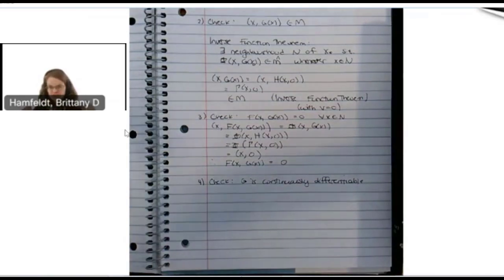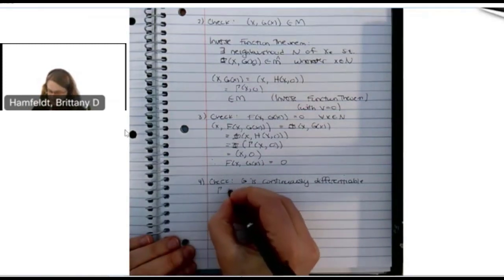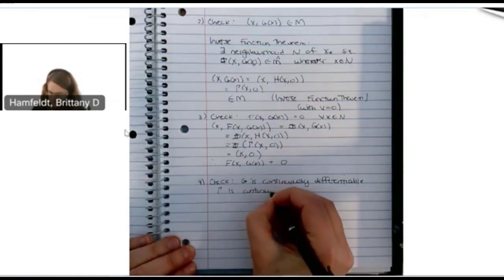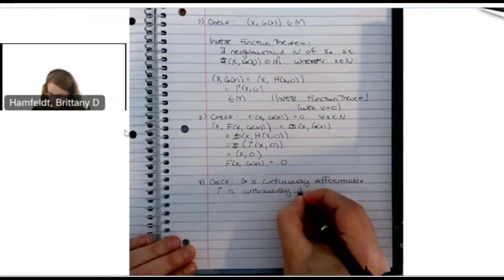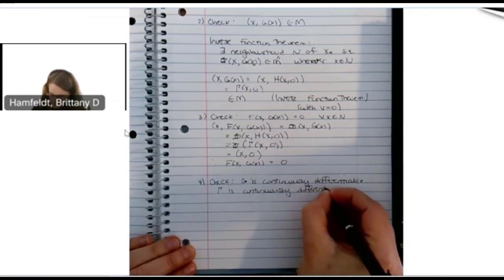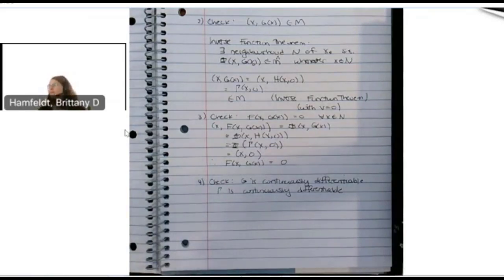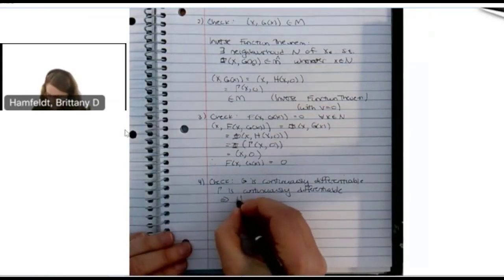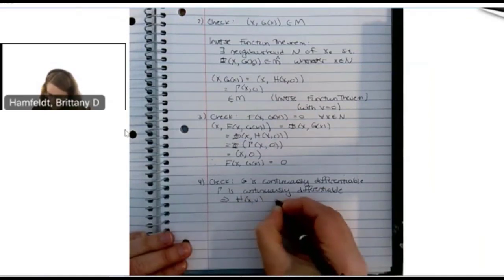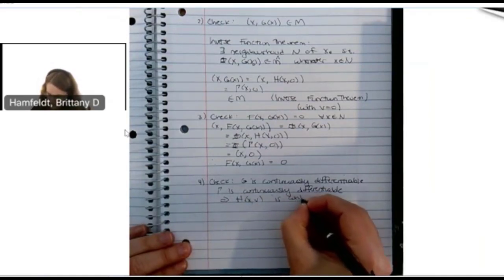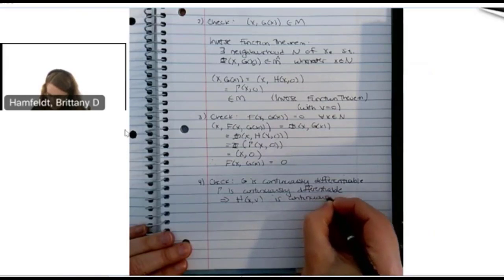Well, the inverse function theorem tells us that we have this inverse function gamma that is continuously differentiable. Right? Gamma we wrote in terms of our dummy variables, and then this function h. So that meant that h is also continuously differentiable.